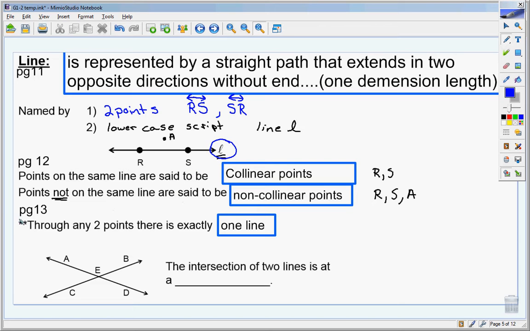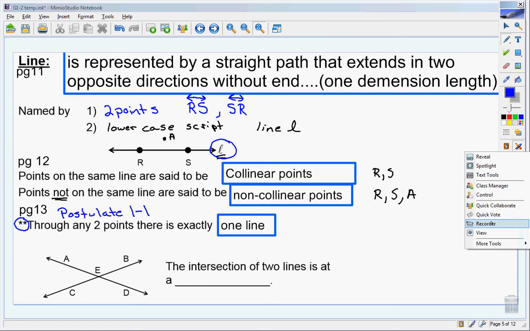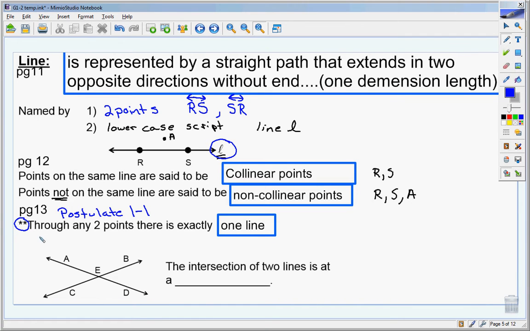You'll notice these 2 little asterisks beside this. If you turn to page 13, you're going to notice that this is postulate 1-1. Through any 2 points, there is exactly one line.